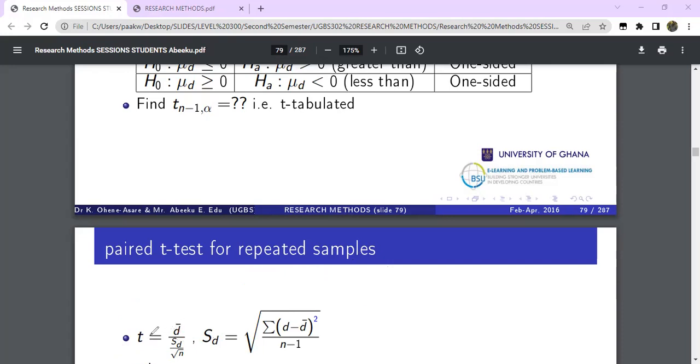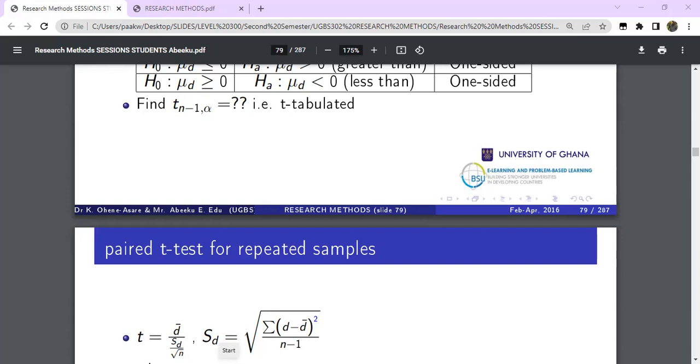So we are trying to say that for you to find the T calculated, all the work is done here. That's where you do a lot of workings, a lot of calculations. Finding T critical is not a problem.